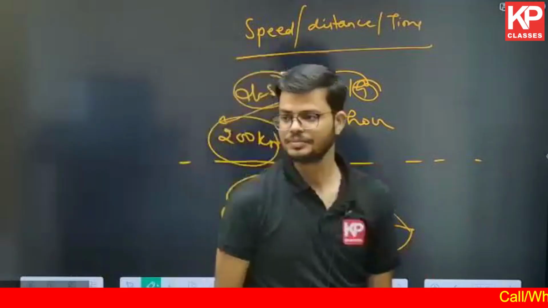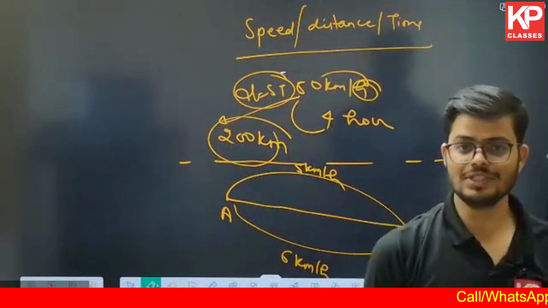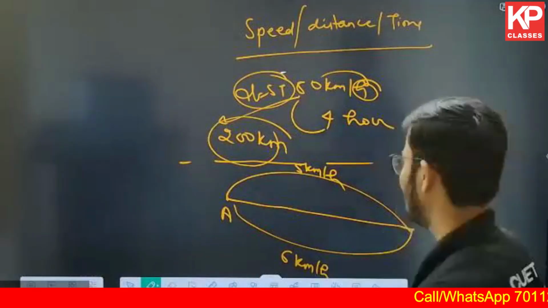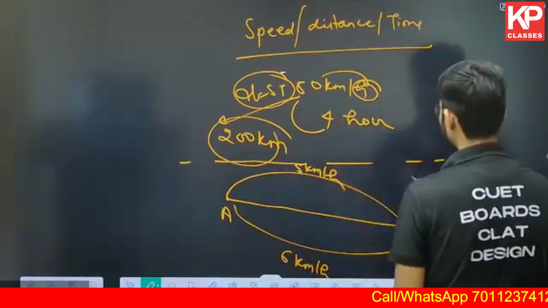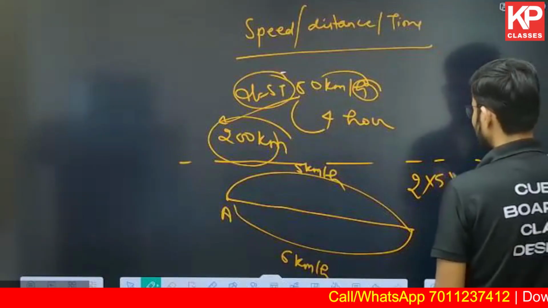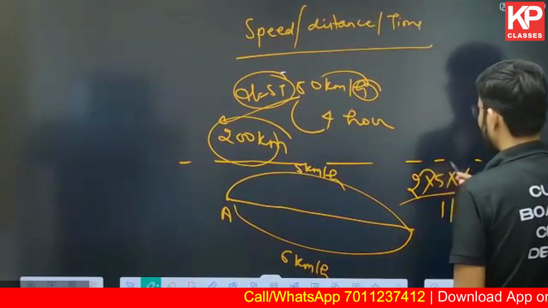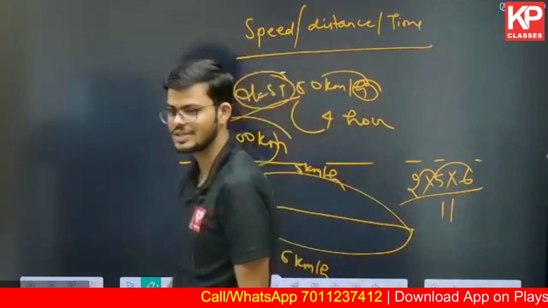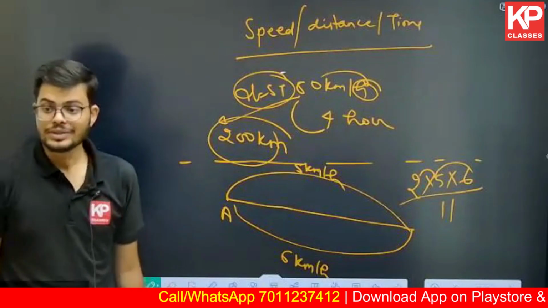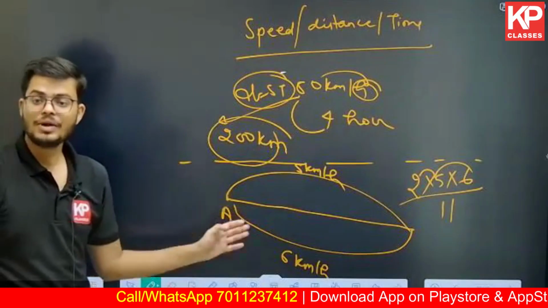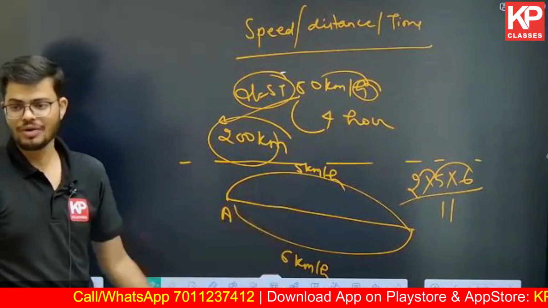What is the average speed? Now you know that when the distance is the same, average speed will be 2 s1 s2 divided by s1 plus s2. So 2 into 5 into 6 divided by 5 plus 6. Once you do it, you'll get the average speed in this case. So this is an example of average speed.